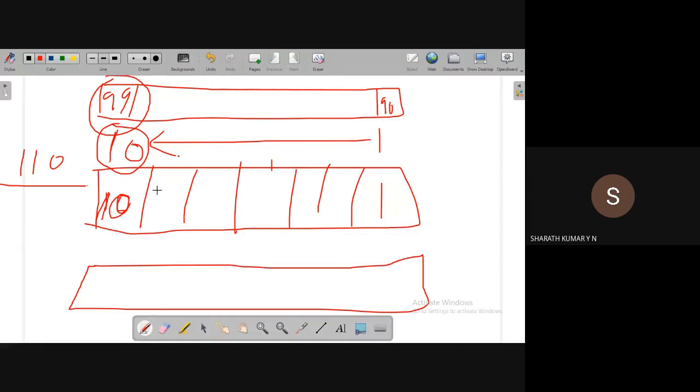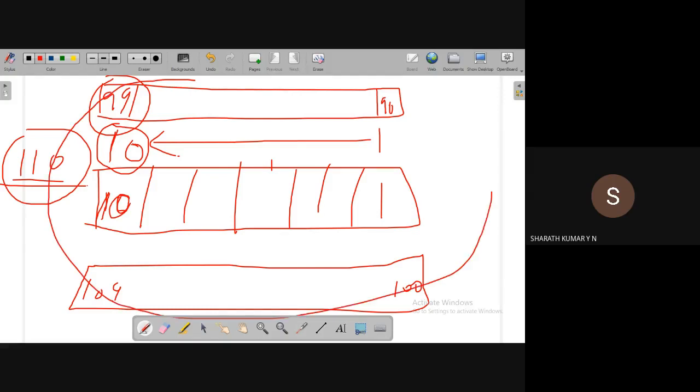Because with more houses, we need more digits. At least we need 3 digits to identify the houses, that is from 100 to 109. So the more digits used to identify the address, the more houses we can identify, represent, or address.